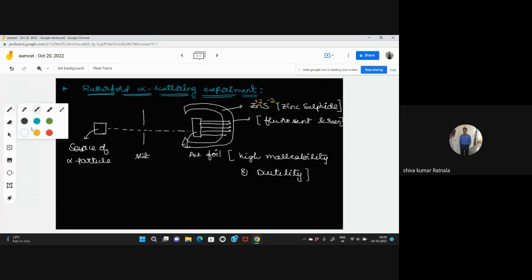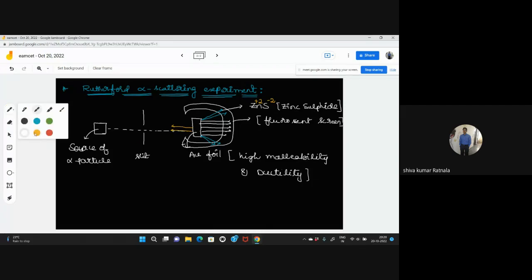And some of the alpha rays are deflected with small angles like this, and very few particles are bouncing back like this.